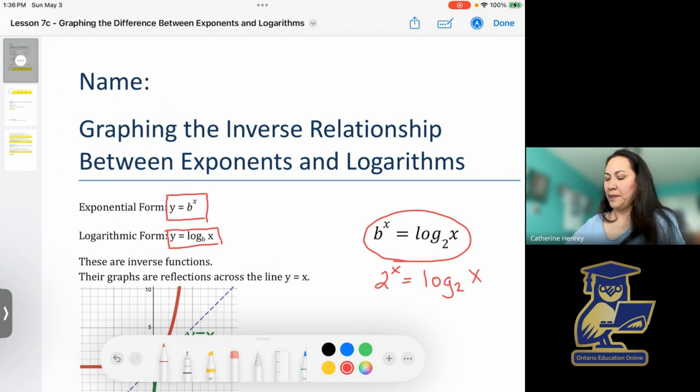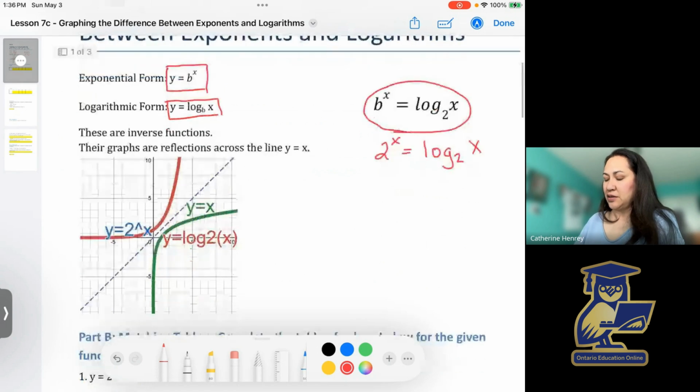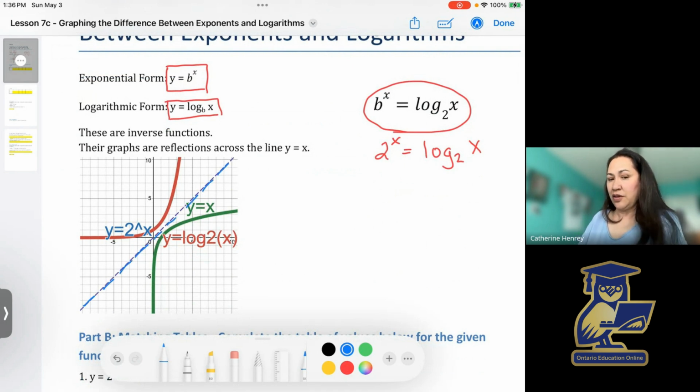These functions are inverses, and what that means is that they are a reflection of each other in the line y equals x. So here I've labeled our line y equals x. It goes diagonally through the middle of a set of axes.